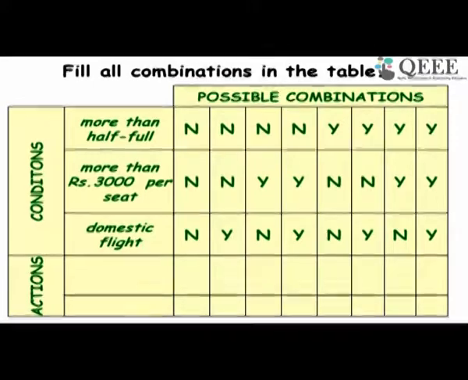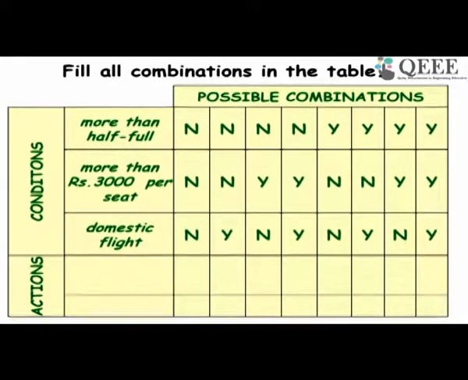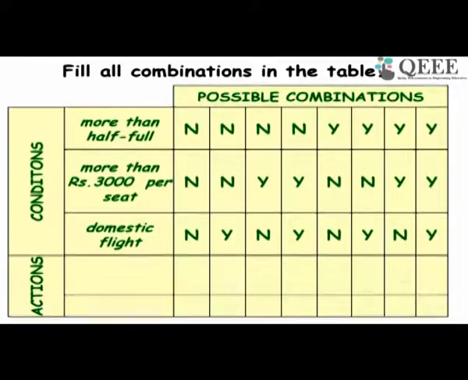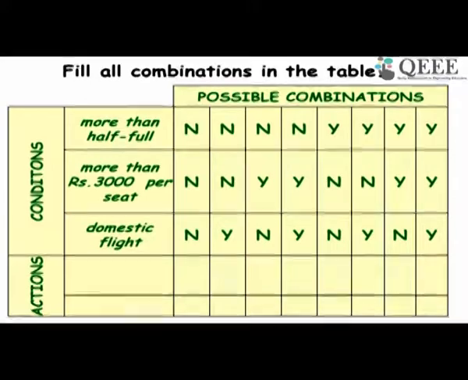So whether it is more than half full, no and yes. As you are saying, you first find out the one that is having the lowest number of outcomes, write them no and yes, and then whether it is more than 3000 per seat, fill that out, all possible combinations here, and then whether it is a domestic flight or not, just write down.